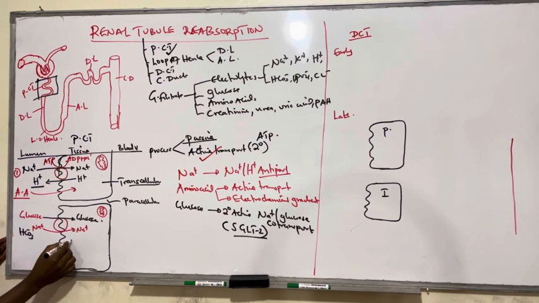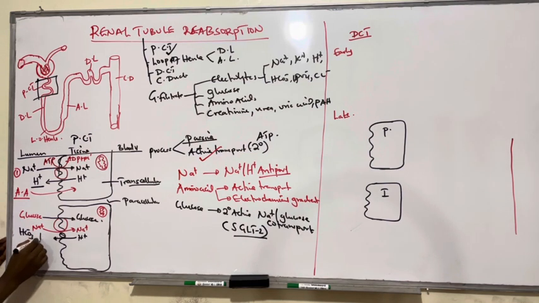So when sodium exchanges with hydrogen, as sodium is moving in, hydrogen is coming into the lumen, and this hydrogen binds with bicarbonate to form weak carbonic acid.